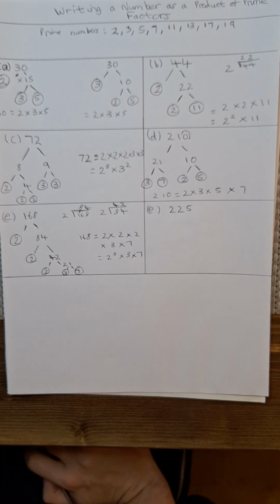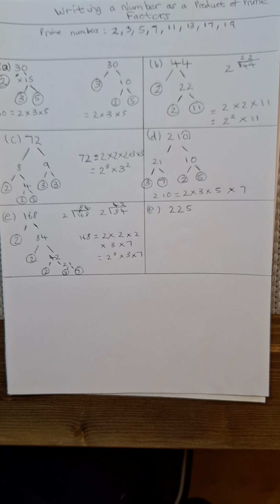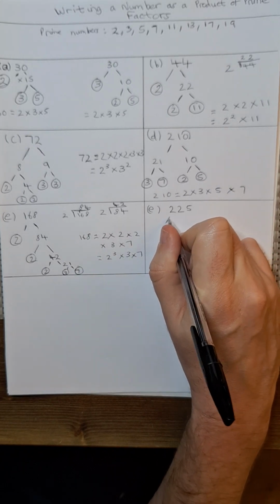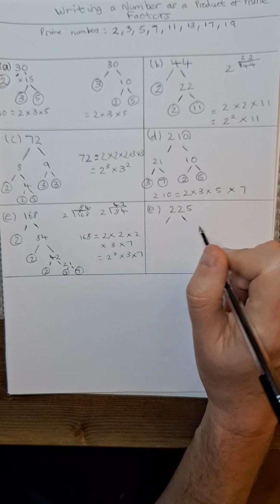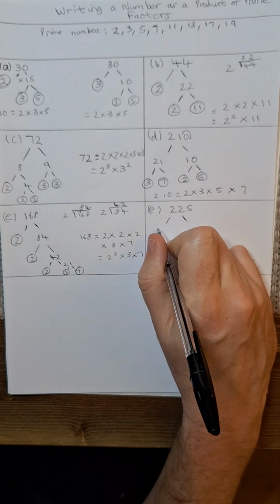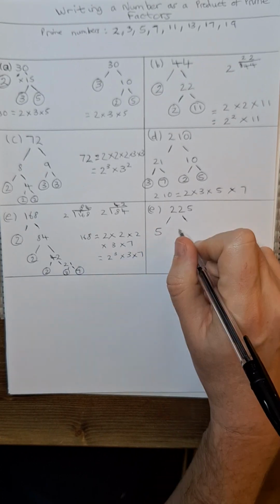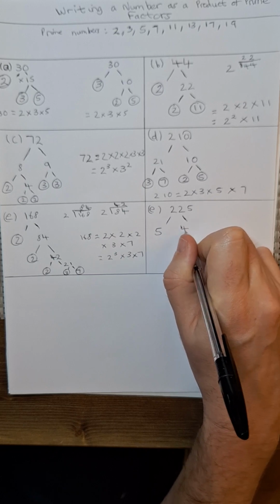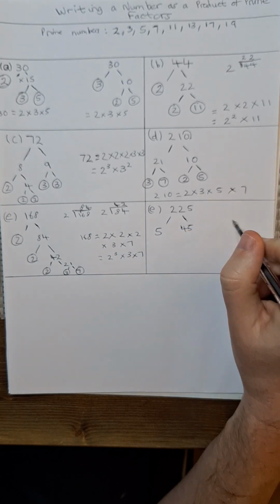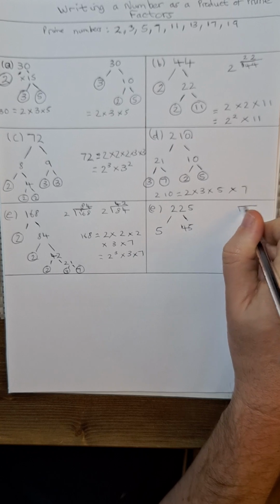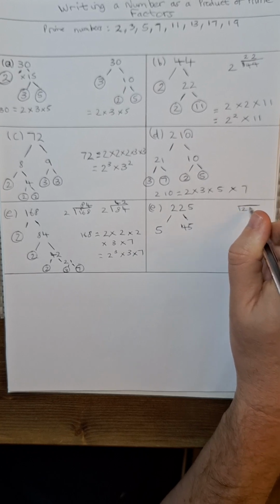It's an odd number, so it doesn't divide by 2. However, I can see it ends in a 5, so it therefore divides by 5. I know if we divide that by 5, then it's simply 5 times 45 using my mental maths, but you can simply divide here.